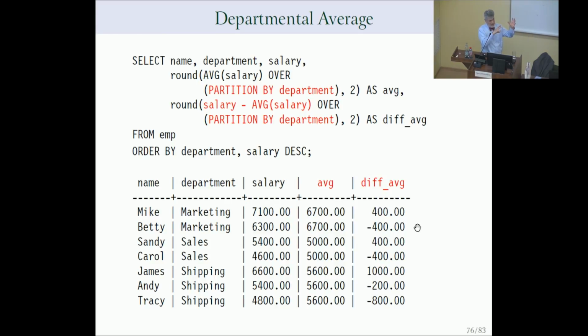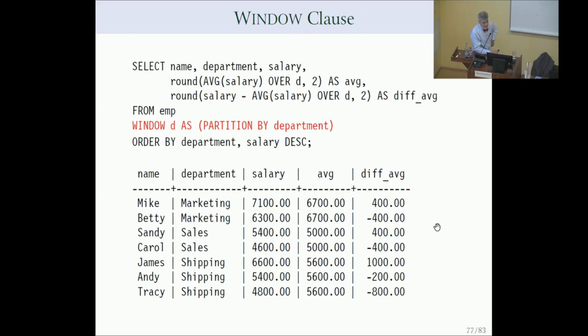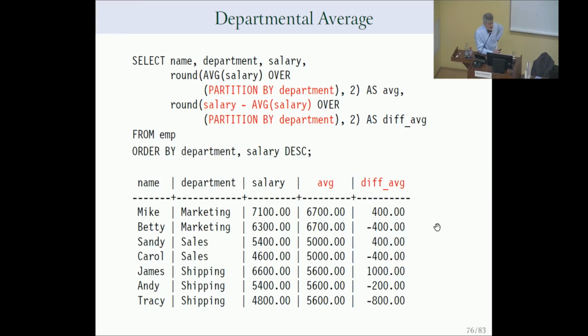Things get very slow when you start doing that, because you're taking the data, shrinking it down, and then joining it back to its own data effectively. Whereas with a window function, it's much more efficient. So here, partition by department, I can now see the difference between the average salary and the person's salary, which is kind of nice. This is a little cleaner.